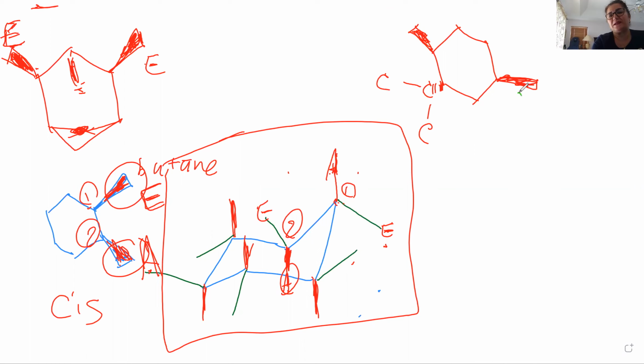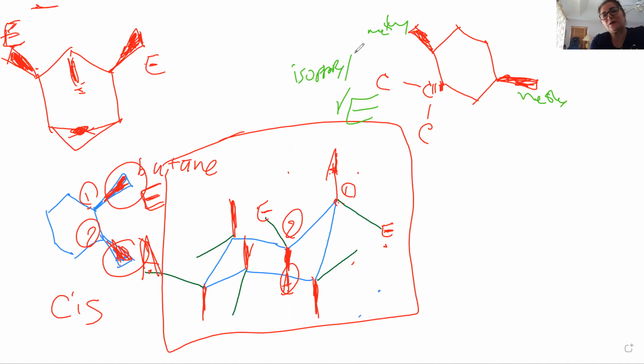We have a methyl and an isopropyl. Which one must be on equatorial? Isopropyl. Isopropyl must be on equatorial. So this one is equatorial. That's for sure, because we want stability. The bulkiest must be on equatorial.